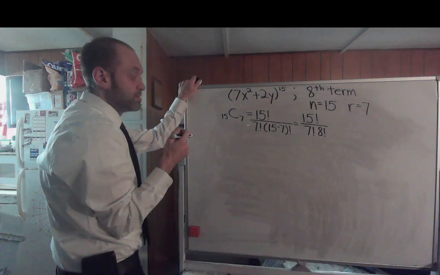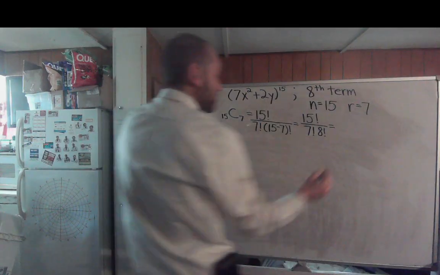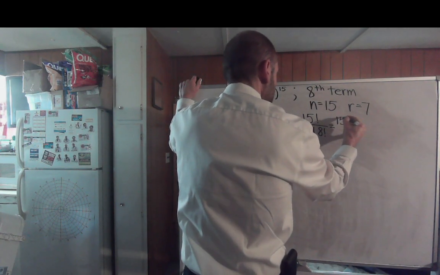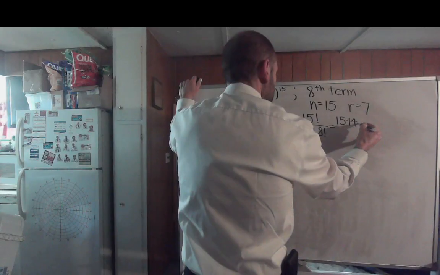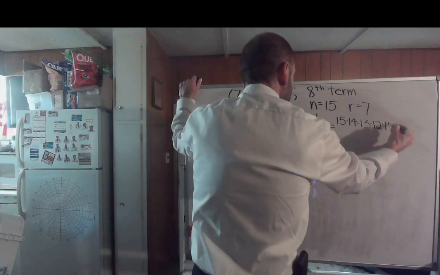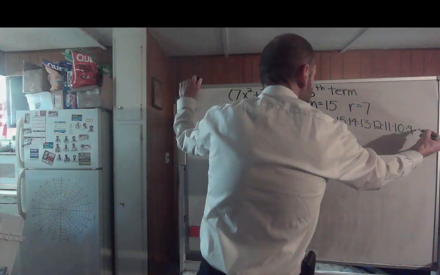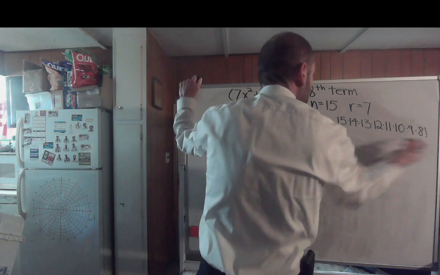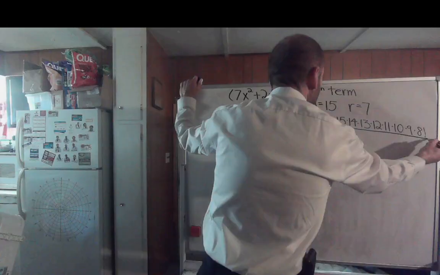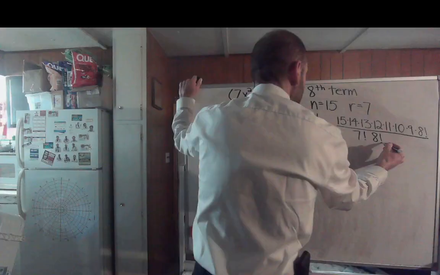And now here comes the fun part. So to start with, we'll have 15 times 14 times 13 times 12 times 11 times 10 times 9, and we can stop at 8 factorial. All that divided by 7 factorial times 8 factorial.